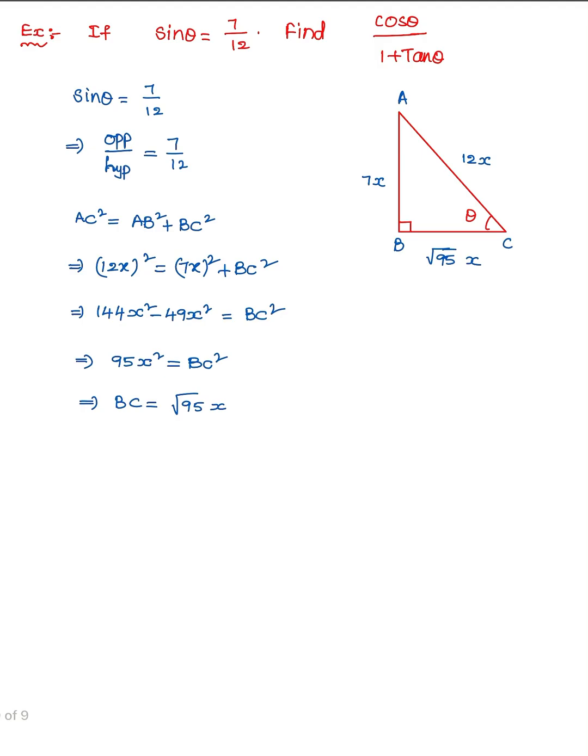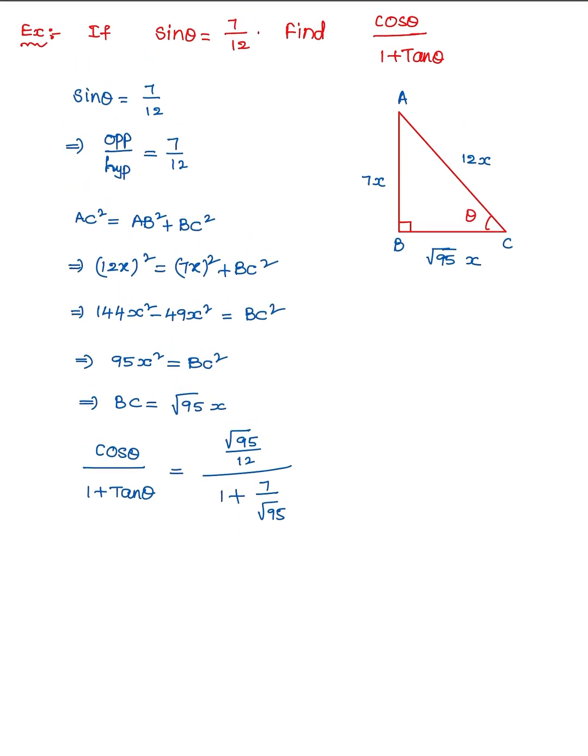Then what value do we need to find? Cos theta upon 1 plus tan theta. Cos theta is adjacent upon hypotenuse, whole divided by 1 plus tan theta, whose value is 7 by root 95. By using trigonometric ratios, we can simplify.